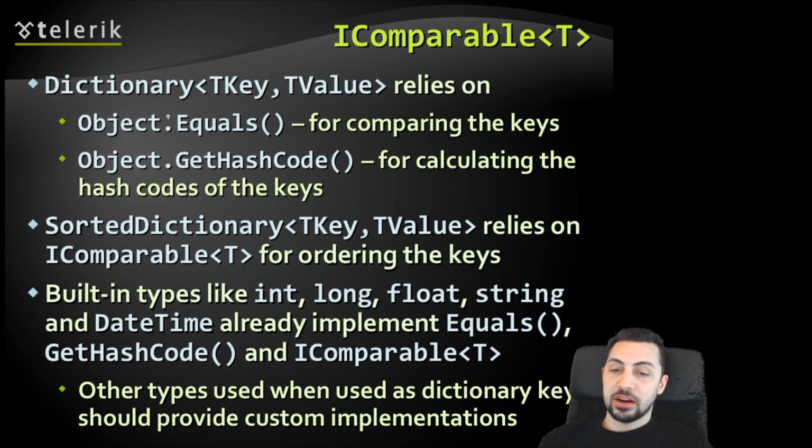So when you use a dictionary, it's just equals and get hash code. But when you're using a sorted dictionary, the key must implement the comparable interface. Things like ints and longs and floats and strings already implement equals, comparable, and get hash code. But when you write your own class, you have to implement that comparable interface. So let's just for a moment look at what that might entail.